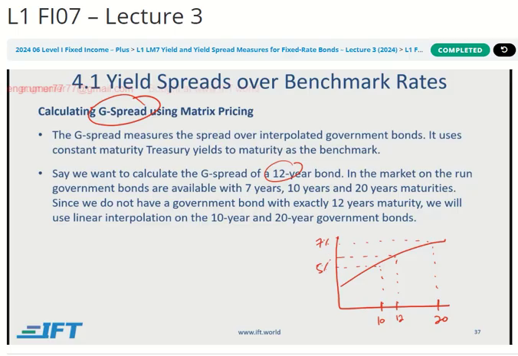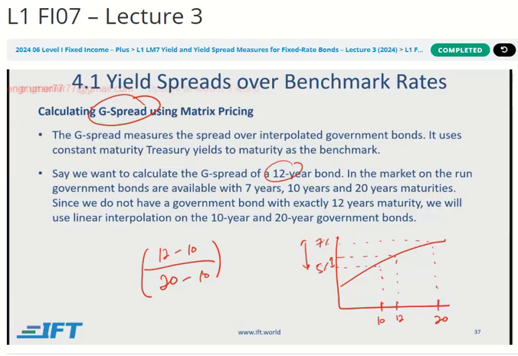The way we do that, and we did this in the previous learning module, you take the difference between 20 and 10, because this is 20 years and 10 years, and you take the difference between 10 and 12, so that's 12 minus 10.